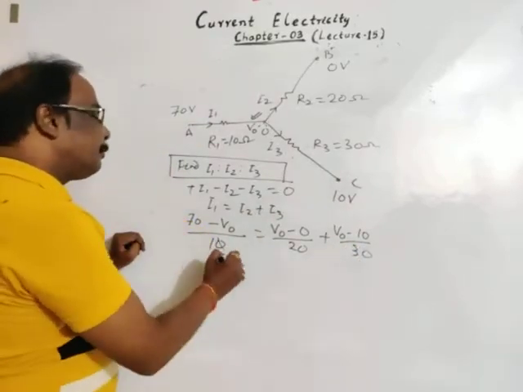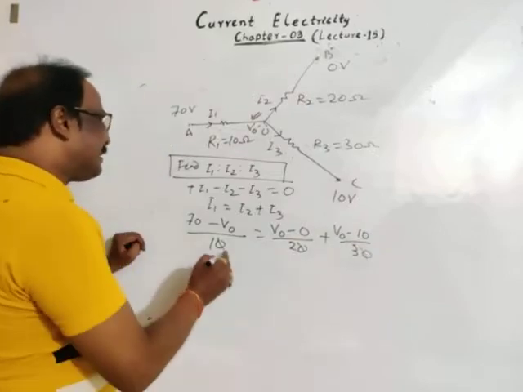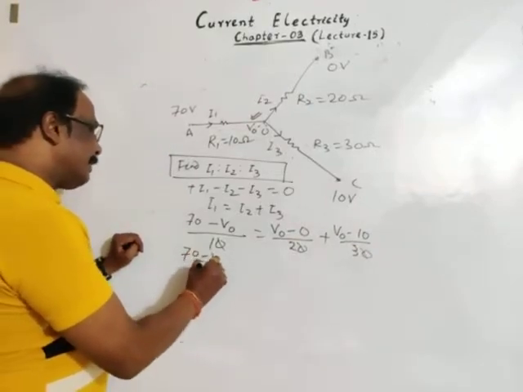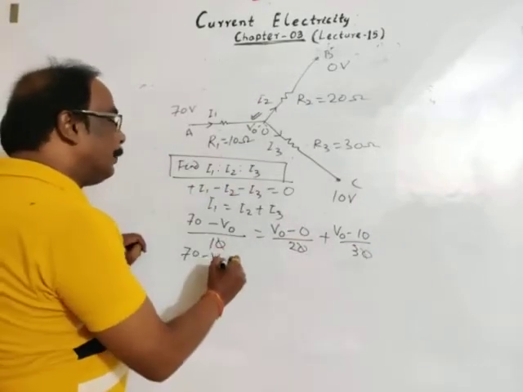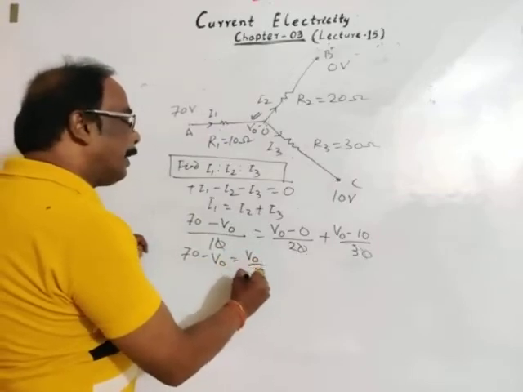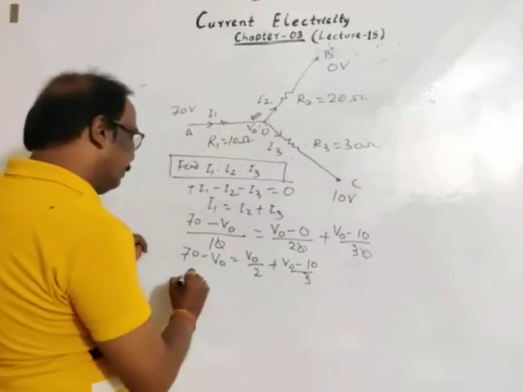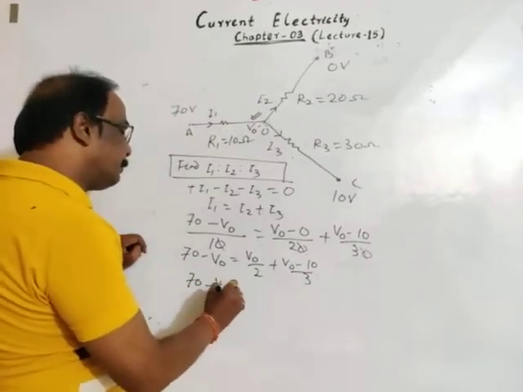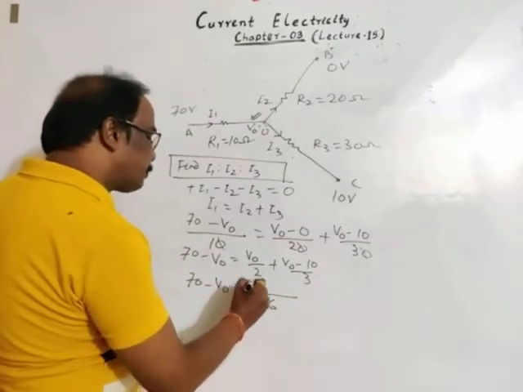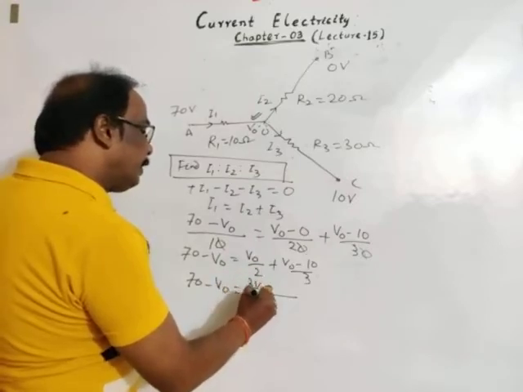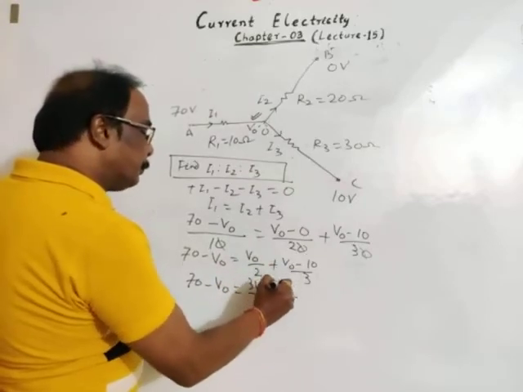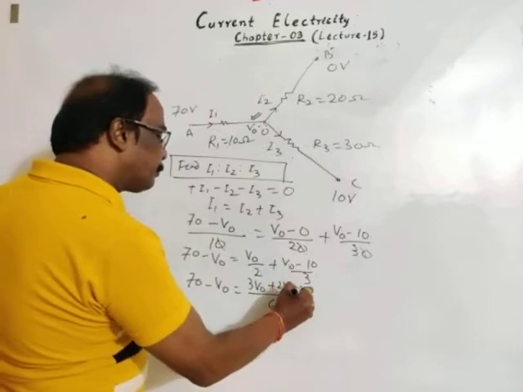Okay, 0, 0, 0, we may cancel. So it comes 70 minus VO, potential at O, is equal to VO divided by 2 plus VO minus 10 divided by 3. Then 70 minus VO is equal to, LCM 6, then this is 3 VO, then this is 2 VO minus 20.